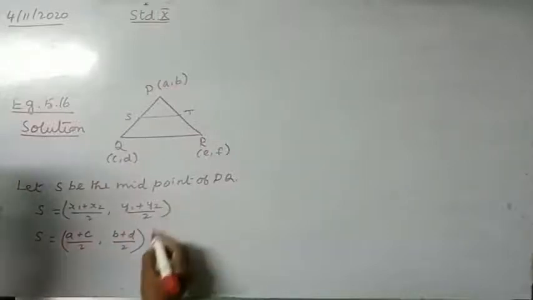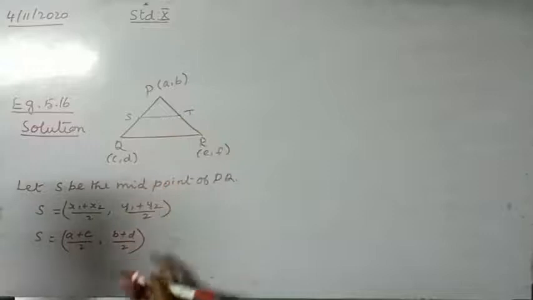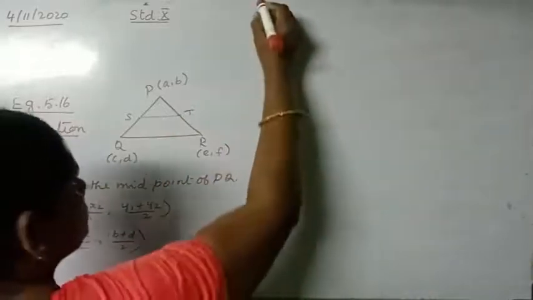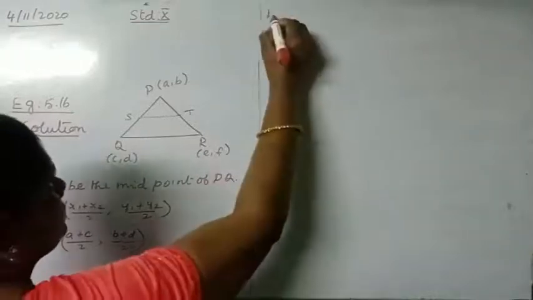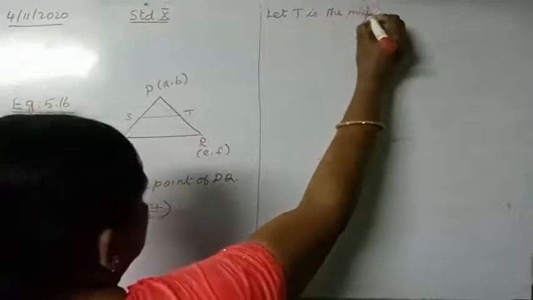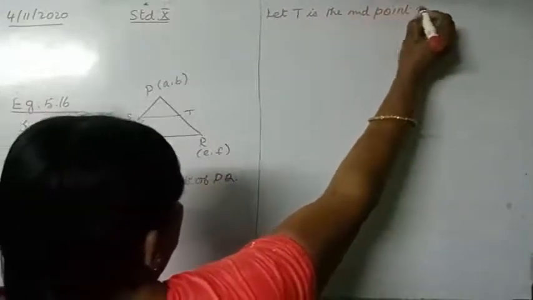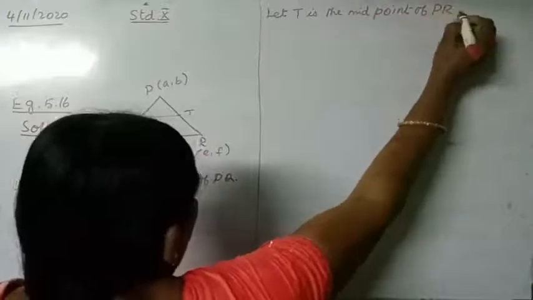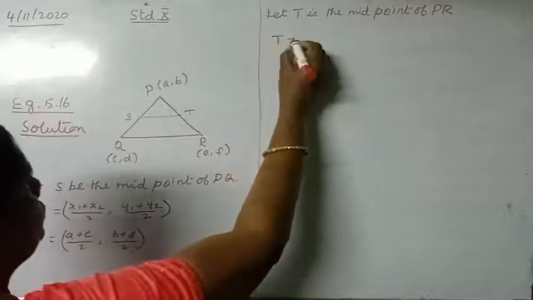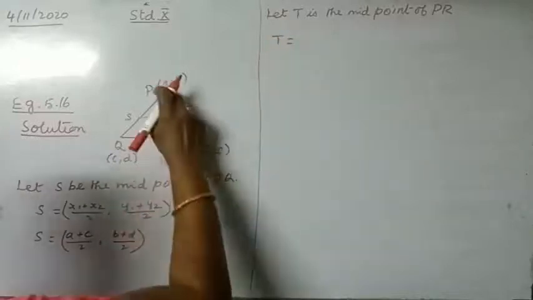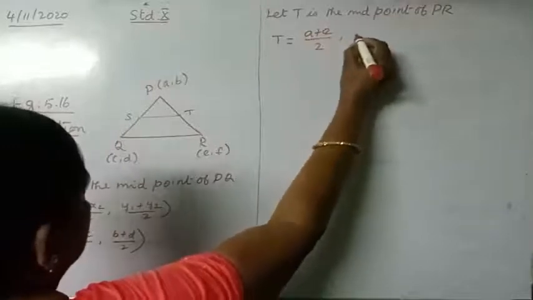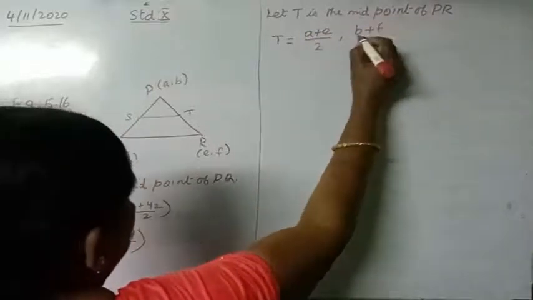So the same way, let T be the midpoint of PR. Therefore, T is equal to, apply this formula. So we are getting A plus E by 2 comma B plus F divided by 2.